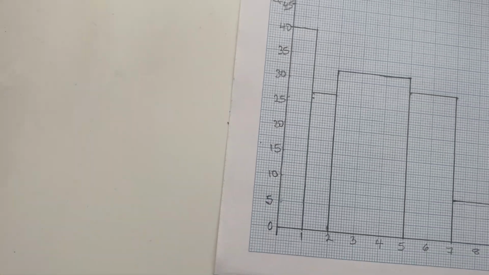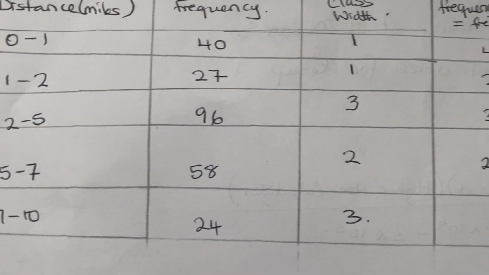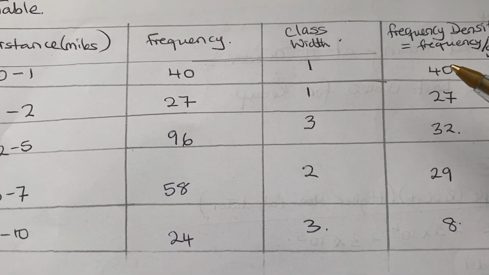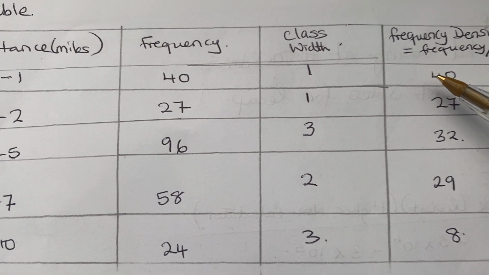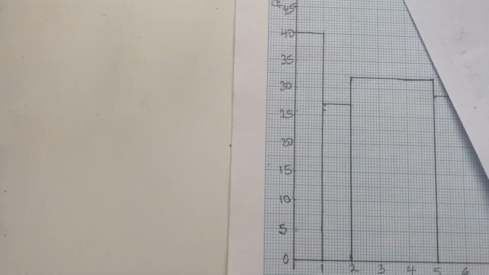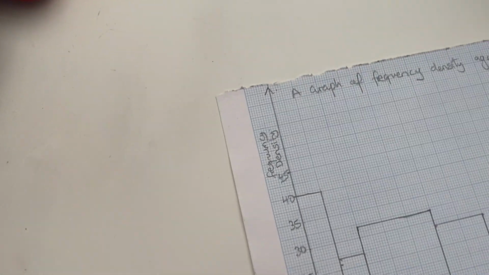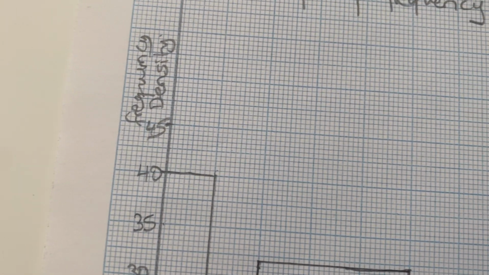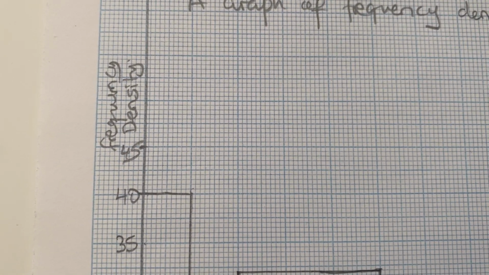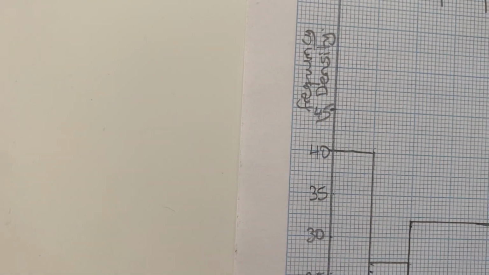Now on the y-axis, which is my frequency density, the highest value is 40 here. On the y-axis here, I labeled it up to 45. That is my frequency density.